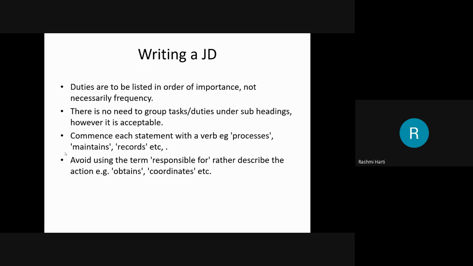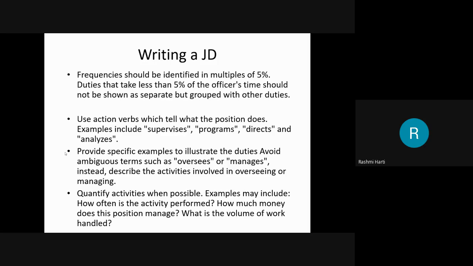Avoid using the term "responsible for". You can use words like obtains, coordinates, but you cannot say responsible for, because that points at the particular person. Then frequency: when writing the job description, frequency should be identified in multiples of 5%.